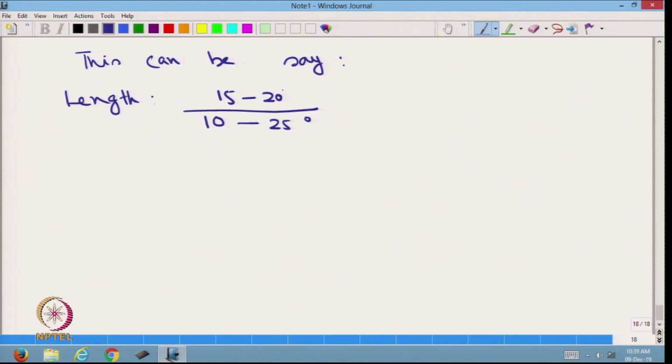So, this is the possible outcomes, and this is the favorable outcomes.